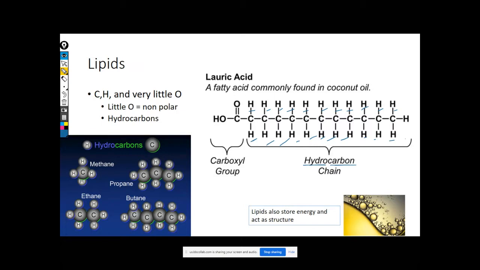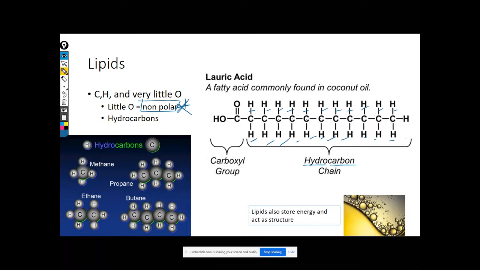The key here is without those hydroxyls, and specifically without that selfish roommate, without that oxygen, we are now non-polar. This is also intuitive to us, right? If you take some olive oil and dump it in water, what happens?